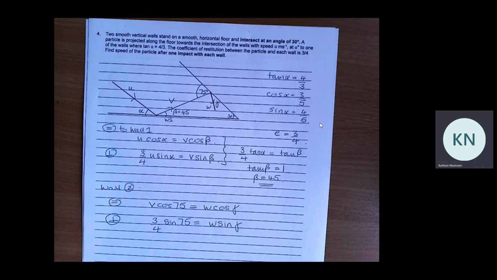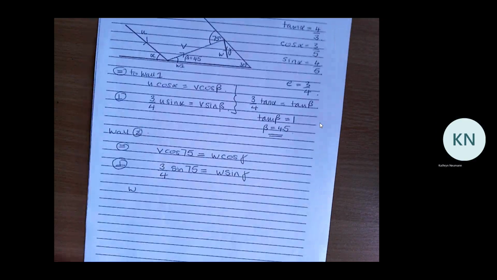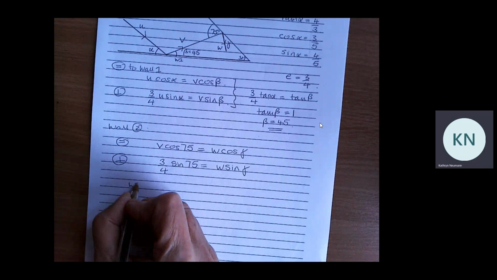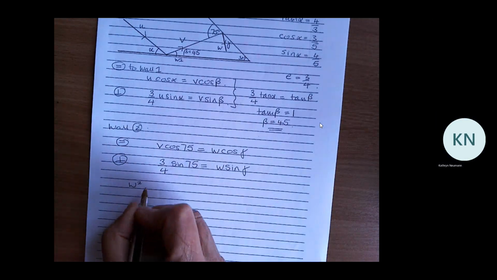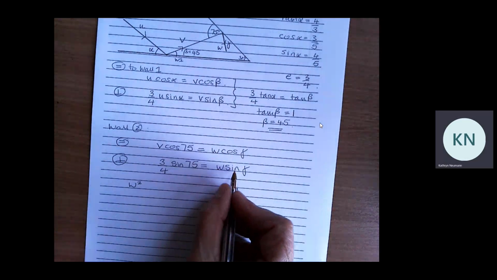I'm interested in finding the speed. So I want to find W, so I'm going to square and add these two equations. So from that, I'm going to get W squared on cos squared plus sine squared gamma.